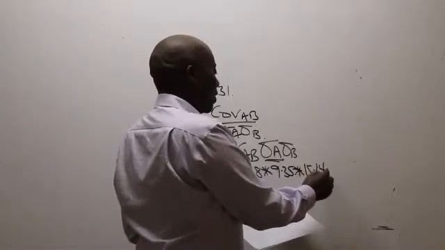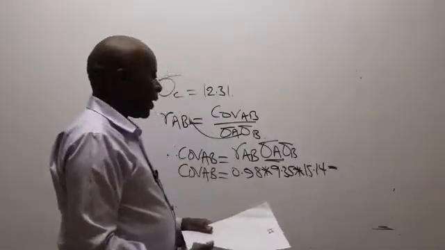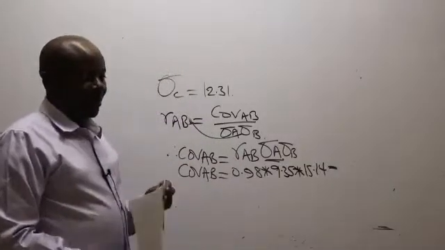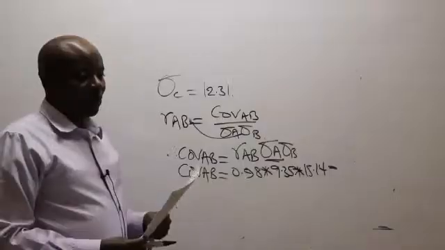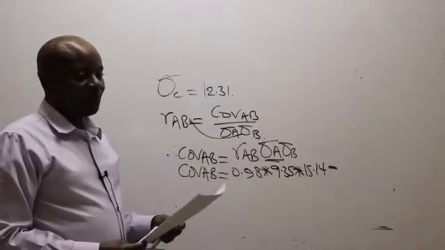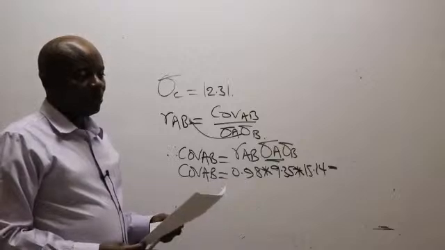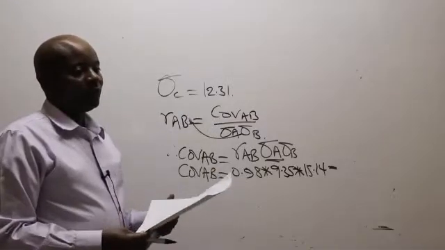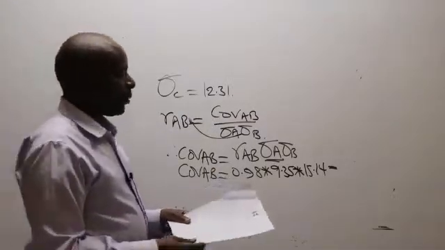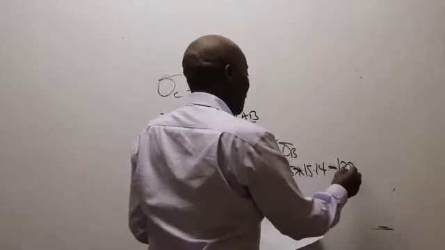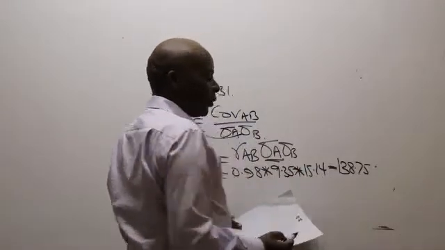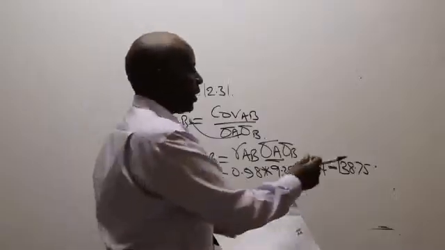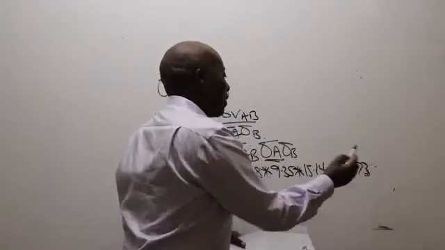Thank you so much. So could you kindly give me the covariance between A and B? It is 138.73. Thank you very much.